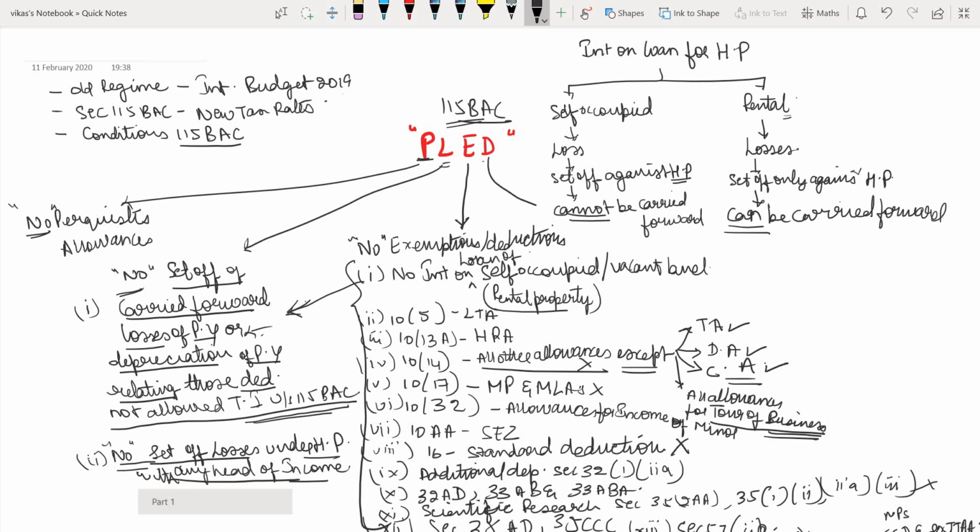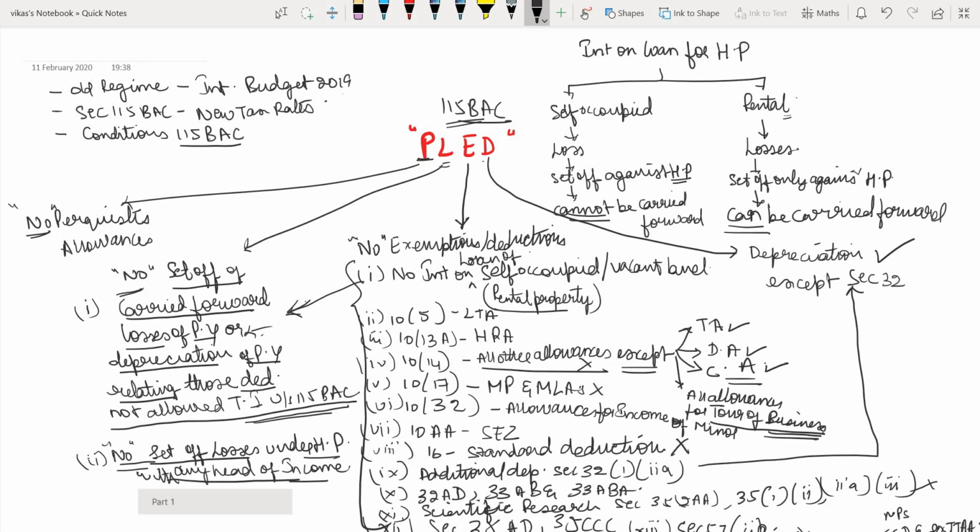Then the D. What is D? Now over here, depreciation will be allowed, except additional depreciation, that is except 32(1)(iia).